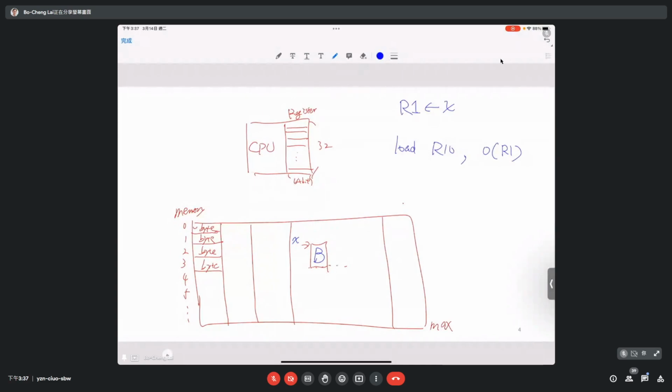R1 里面存了 B 的位置，所以我在 load 指令里面告诉电脑，从 R1 里面记录的位置，把那个值 load 回来，放在 R10。所以 data B 就会 load 回来放到 R10 里面，可以吗？这个概念可以吗？因为我知道很多人搞混，confusing this concept.